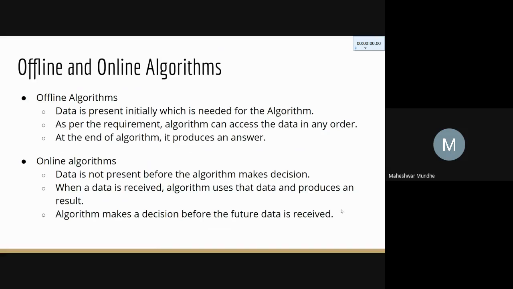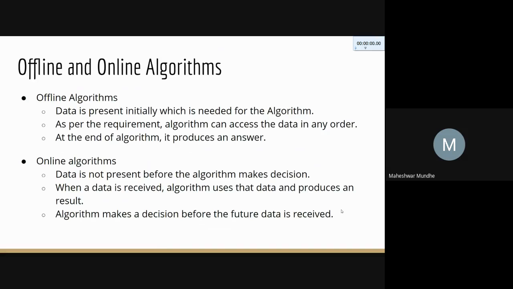Whereas in the case of online algorithms, the data is not present before the algorithm makes a decision. So whenever the data is received, the algorithm uses the data and produces a result. And in general, the algorithm makes a decision before the future data is received.